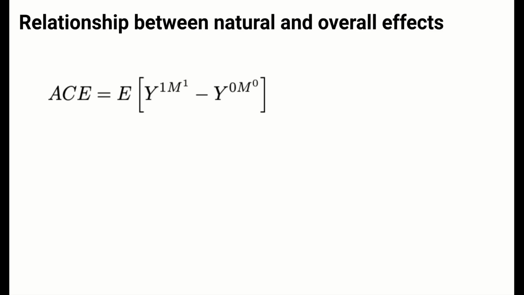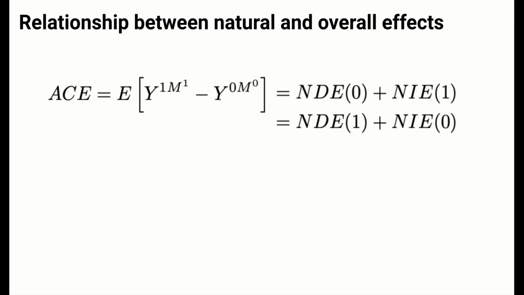It turns out that the sum of the natural direct and indirect effects equals the overall average causal effect, which can be very useful. The overall average causal effect can be expressed as shown here, a contrast between the potential outcomes when all are treated and the mediator acts naturally in response to treatment, and when all are untreated and the mediator acts naturally in response to no treatment.